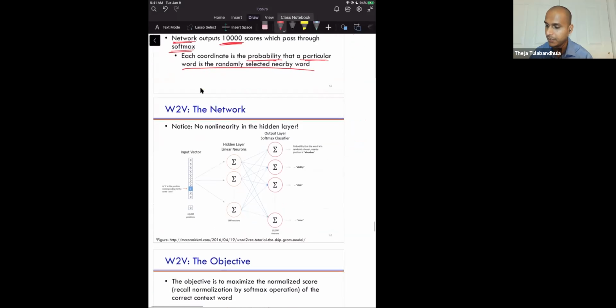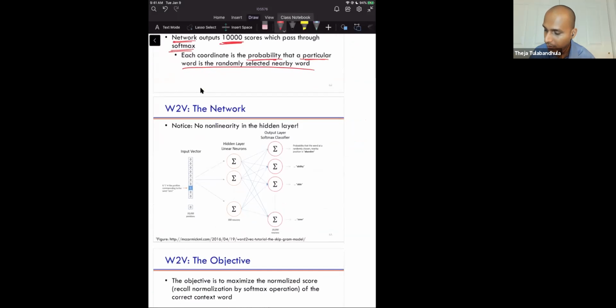In terms of a diagram, let's say this is the one-hot representation for the word. Then we have to produce a bunch of scores, and all these scores are basically a score for which word is going to be a nearby word for this input word. Now, our neural network is going to be a one hidden layer neural network.